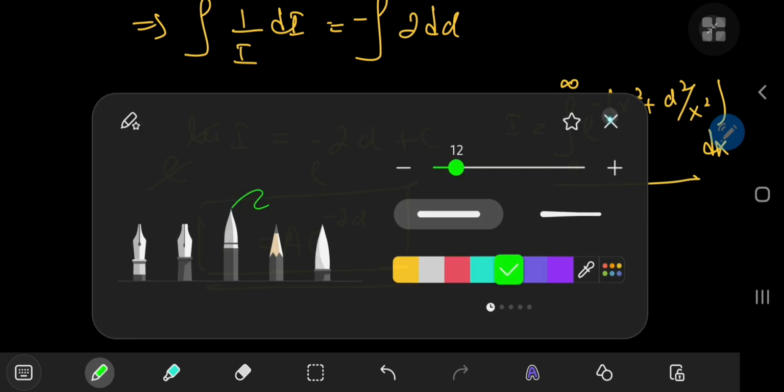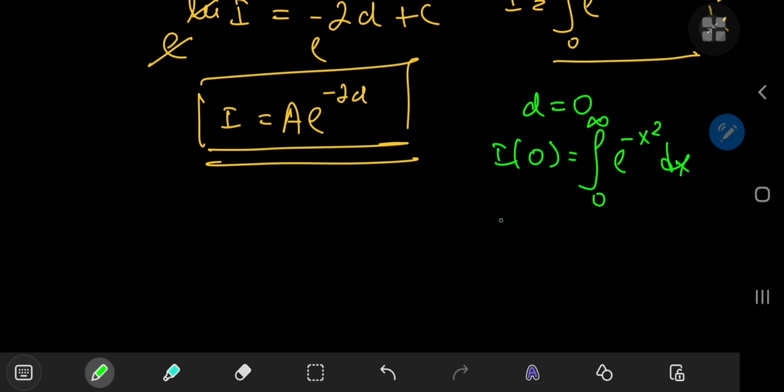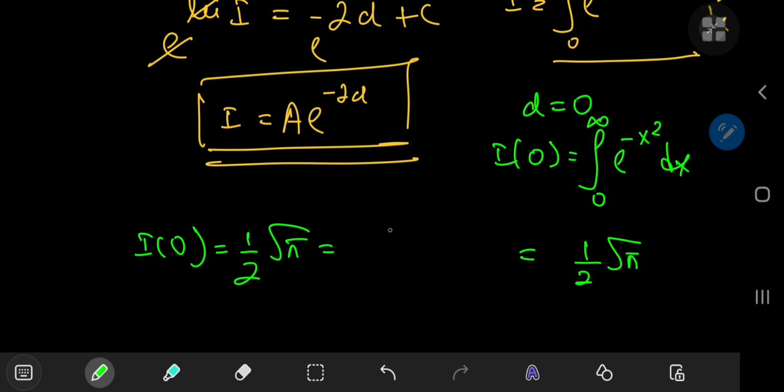Now, accordingly, if I plug in alpha equal to 0, then I of 0 equals the integral from 0 to infinity of e to the negative x squared dx, which we all know and love as half the square root of pi. Okay, cool. So I of 0 equals 1/2 of the square root of pi, and this equals a times e to the negative 2 times 0, which is again 1.